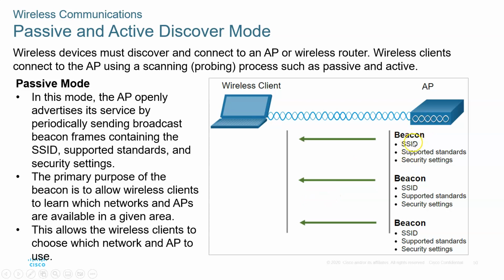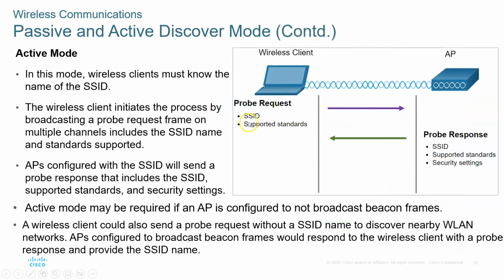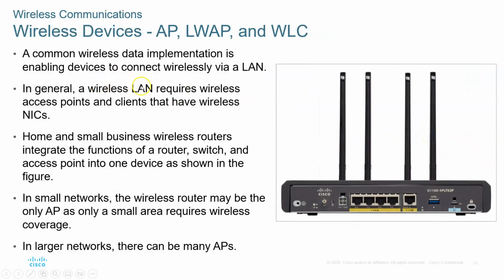Beaconing means you're sending out your SSID, supported standard, your 802.11 or whatever, and security, saying I'm WPA2. That's what you're beaconing. Okay? Being passive, you're just sitting around and probing the network. So you probe for the SSID, and the access point may respond back to you.